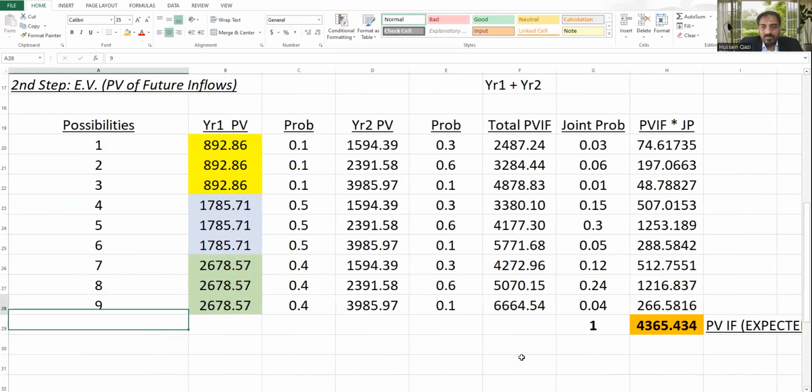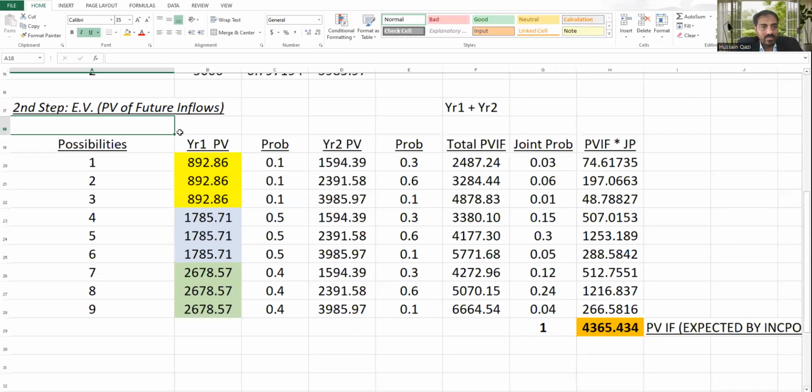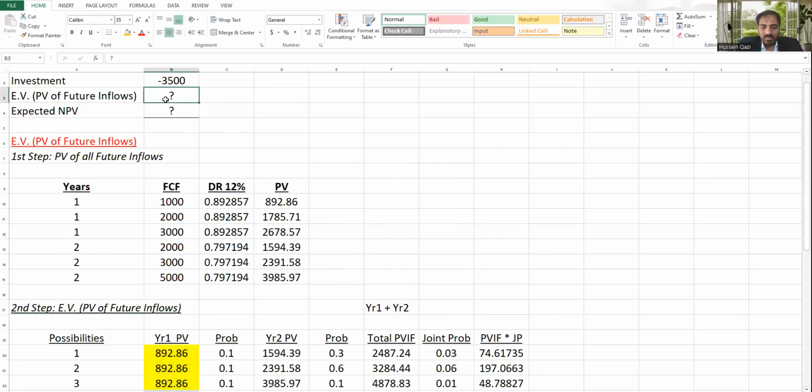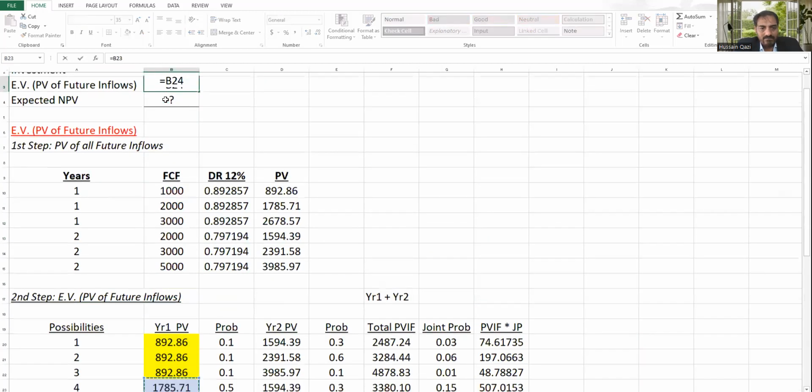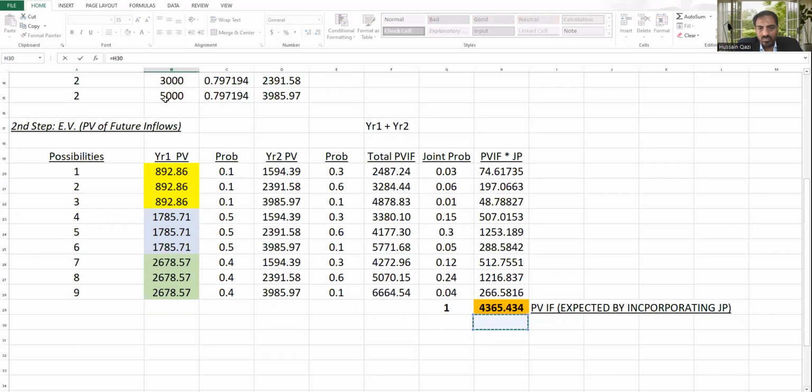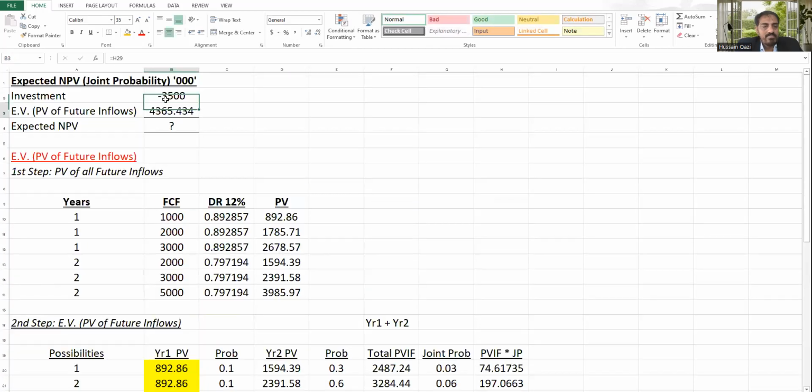And this 4565 need to incorporate here. And this is your expected value of present value, expected value with respect to present value of future inflows with joint probability.